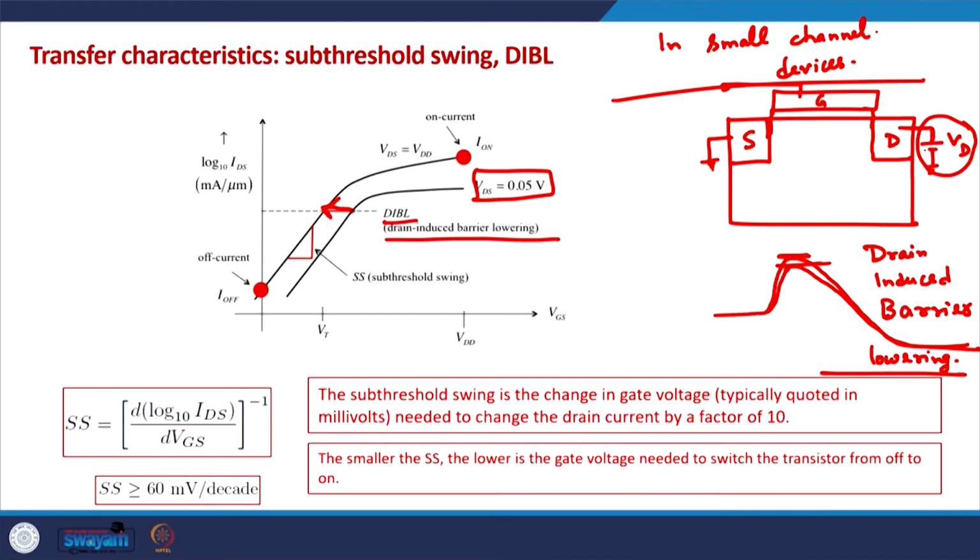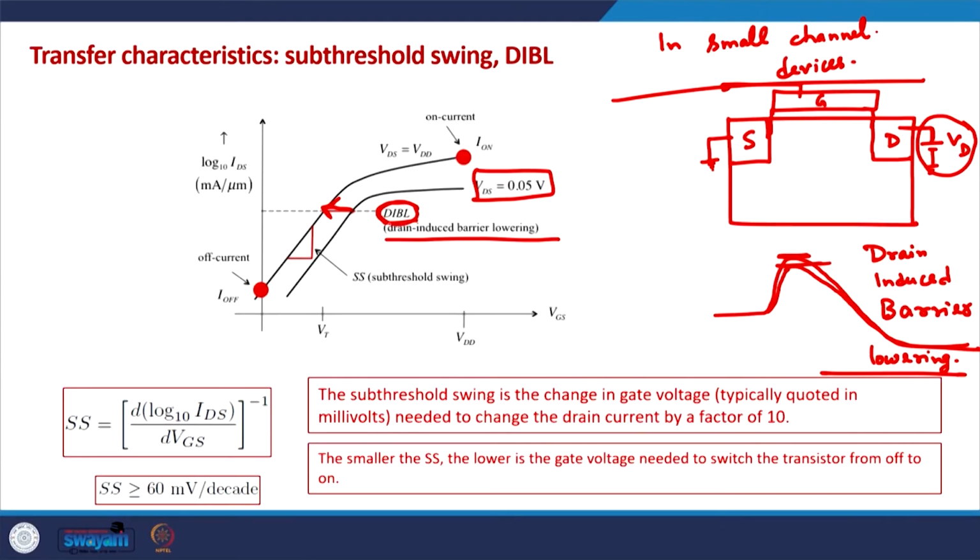It may reduce the reliability of the device, because in a chip the drain terminals of various transistors may be at different voltages, which will create a variation in the threshold voltage, and that might create variation in the current or in the charge in the channel. So, this DIBL effect is actually an undesirable effect.